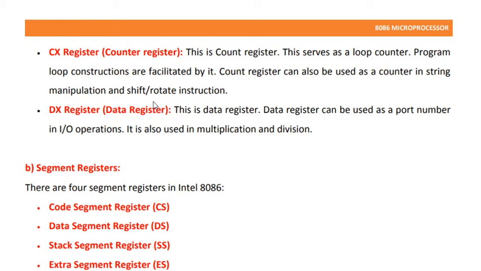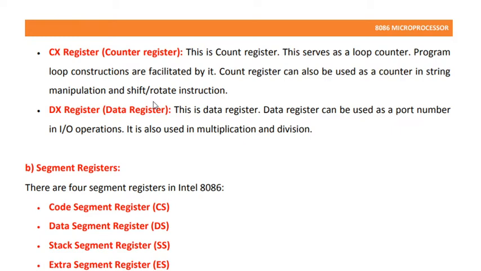So this is the utility of the 4 general purpose registers. The AX accumulator is used to perform arithmetic, logical, and data transfer instructions. It is also used while performing multiplication and division operations. BX, known as the base register, is used as an address register to point to a specific location in the memory.